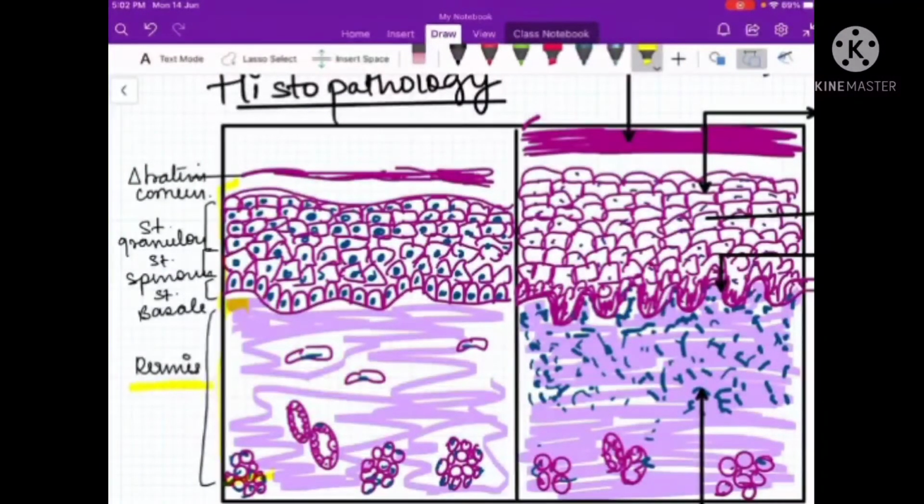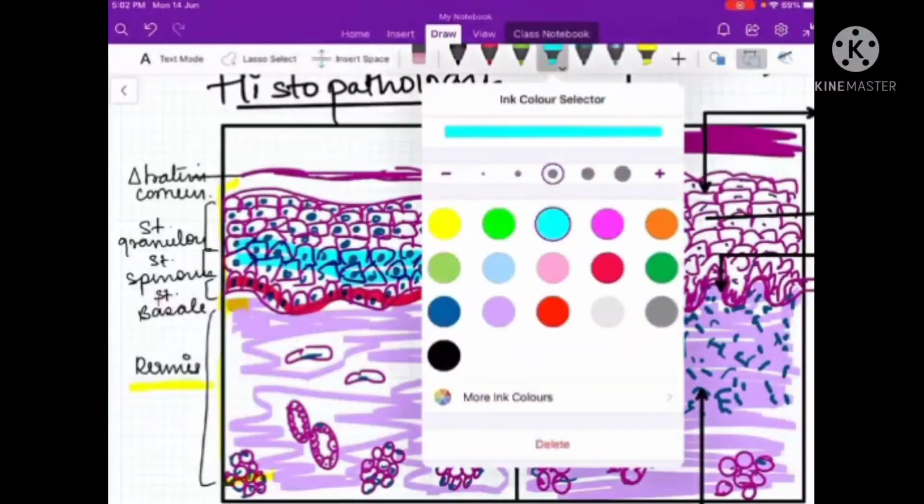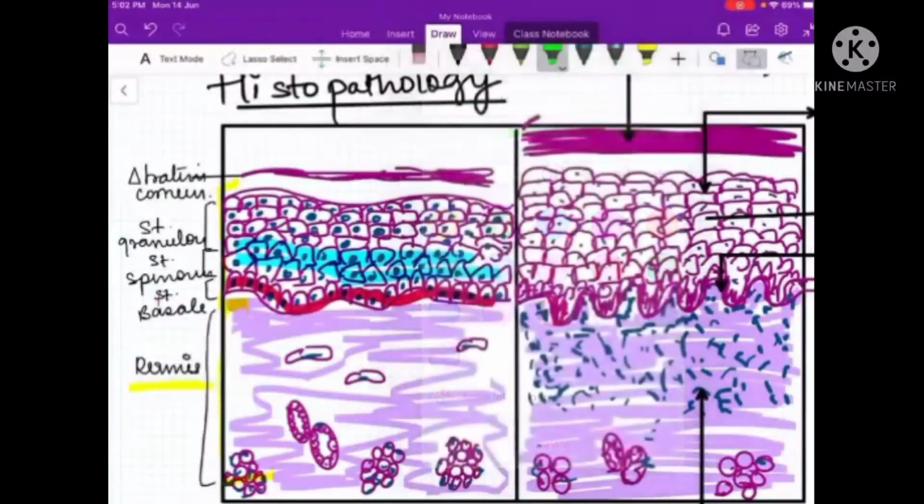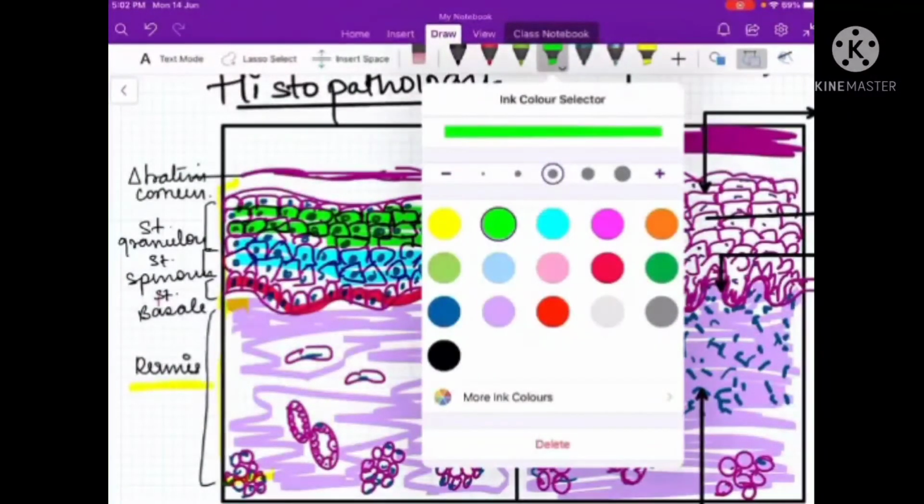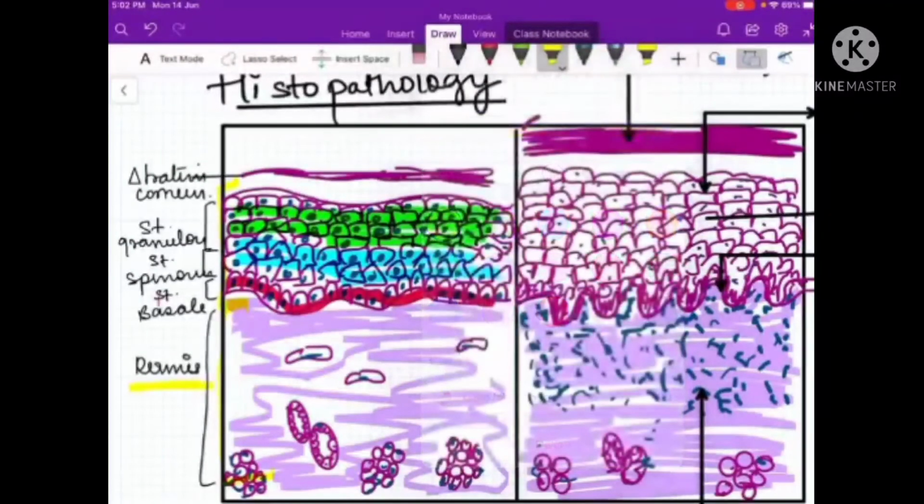Now in the epidermis we have the stratum basale layer, then the stratum spinosum, then the stratum granulosum layer here, and then the stratum corneum, and there is one more layer, stratum lucidum, present in palms and soles.